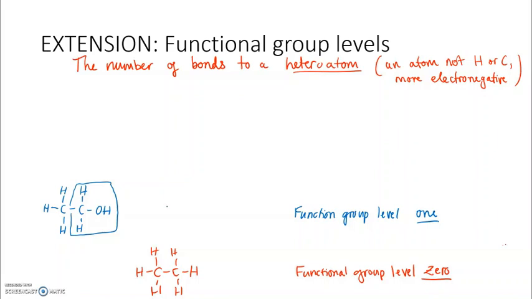This can be applied to other organic molecules as well. So, for example, halogenoalkanes would also fall on a functional group level of 1, as would amines.